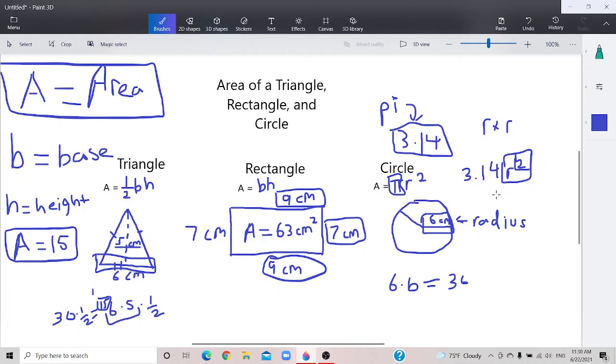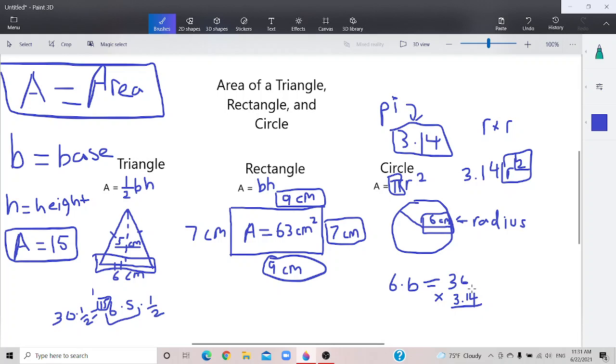And now we have to multiply this by 3.14. Okay, I encourage you to pause the video and try solving this on your own.